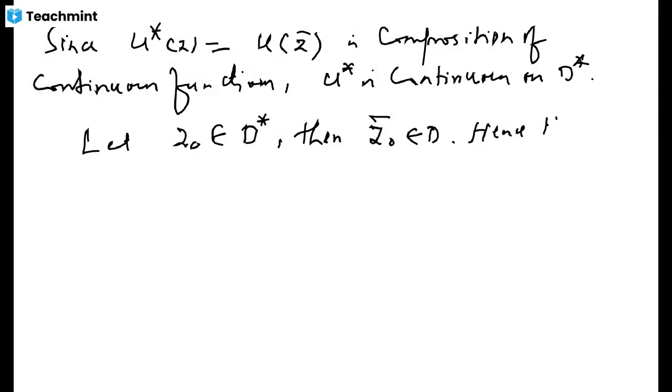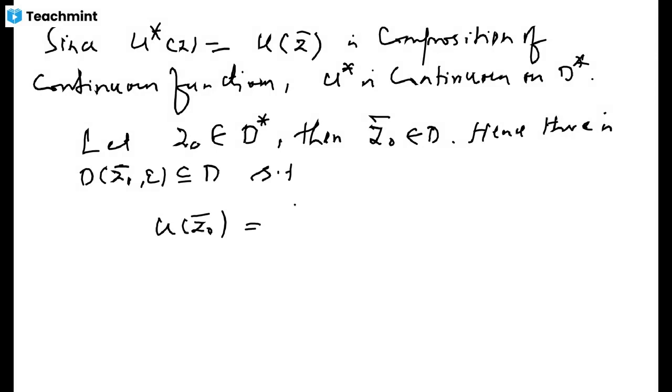So we have a disk about this point in domain D such that U at Z naught conjugate is equal to the mean value, integral from 0 to 2 pi of U at Z naught conjugate plus R e to the i theta, d theta upon 2 pi.